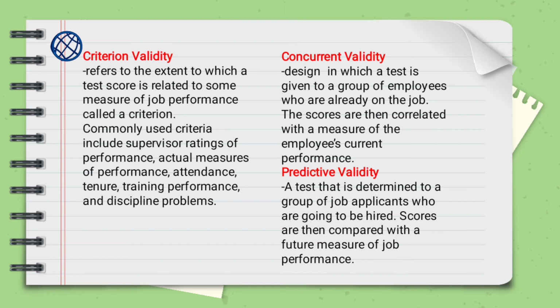Then the test scores are compared with a future measure of job performance, no? In the ideal predictive validity situation, every applicant is hired and the test scores are hidden from the people who will later make performance evaluations.